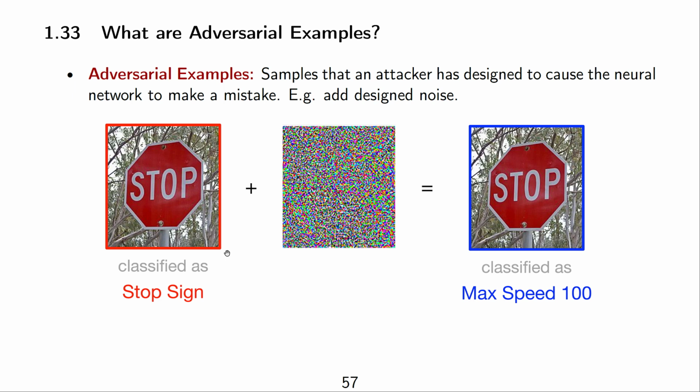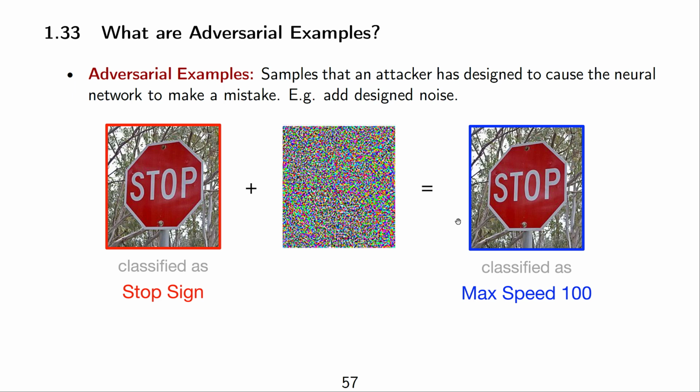And the astonishing and also undesirable thing about these adversarial examples is that this noise function is multiplied with a very small scalar value so that it is unnoticeable for a human when it is added to an image.